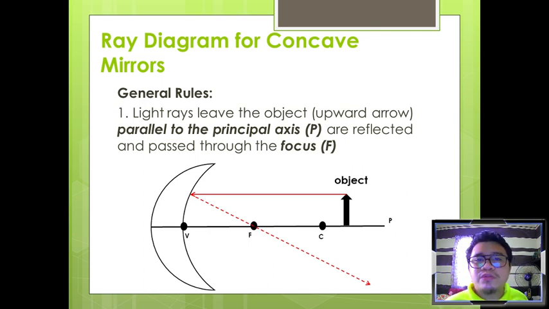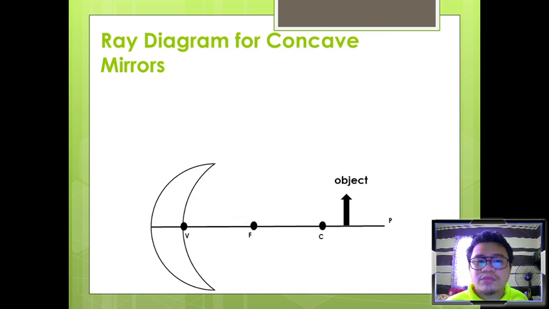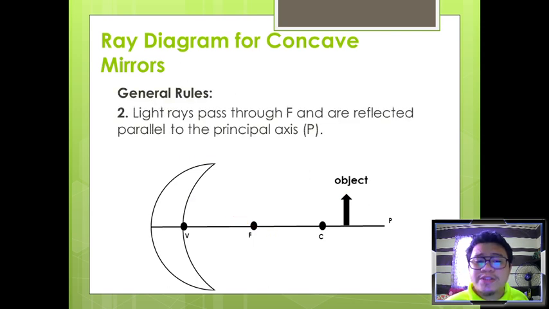Now let's go to rule number 2. Rule number 2 says that light rays pass through the focus or F and are reflected parallel to the principal axis. So once again, how do we interpret this? Again, you always start at the tip of the object, in this case, the arrow. According to the rule, light rays need to pass through the focus of your mirror.